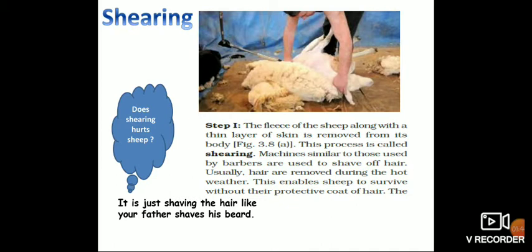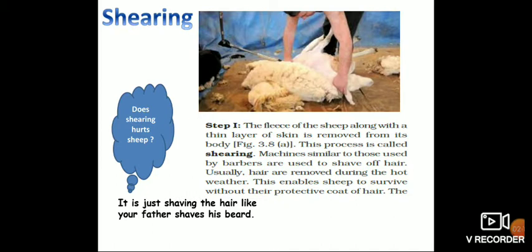Along with a thin layer of skin is removed from its body. Okay. This process is called shearing. That is removing the thin layer of skin. Thin layer of skin means the skin that is stuck to the hair, we are removing that.